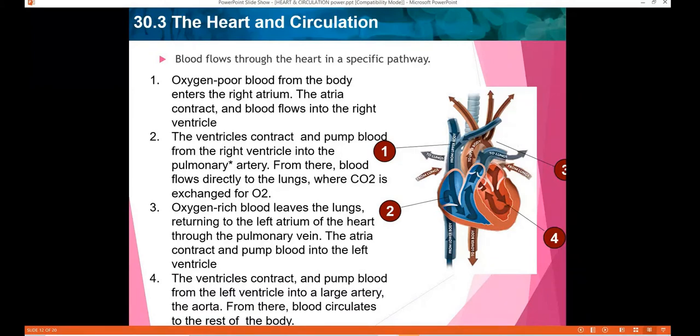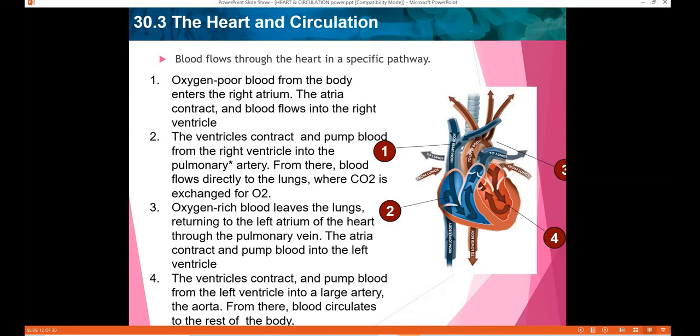When the ventricles contract, blood is pumped from the left ventricle into the large artery, the aorta, which is circulated to the rest of the body. From the left ventricle, the oxygen-rich blood leaves the heart and enters the aorta, the large artery which pumps the oxygen-rich blood to the rest of the organs of the body.